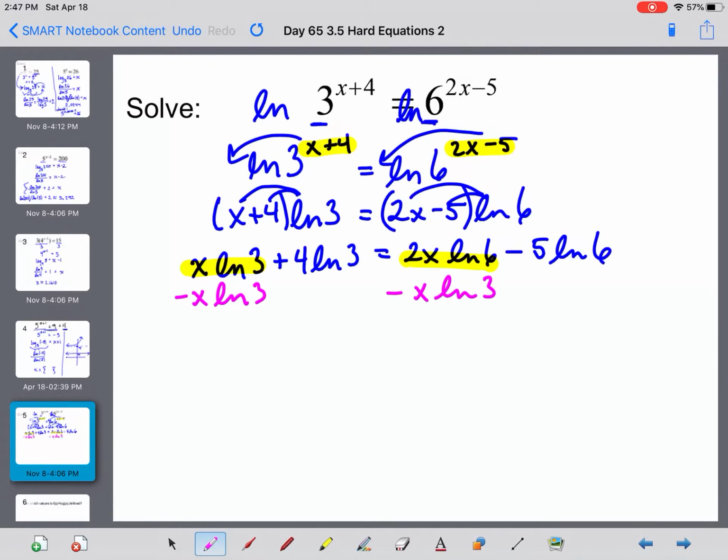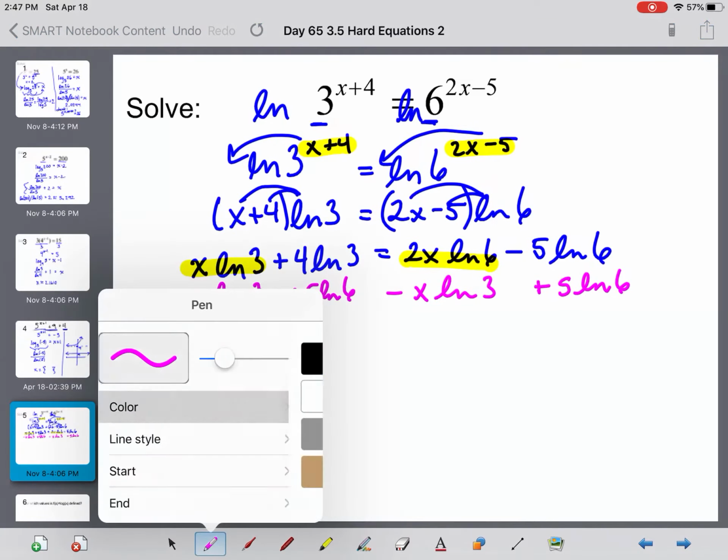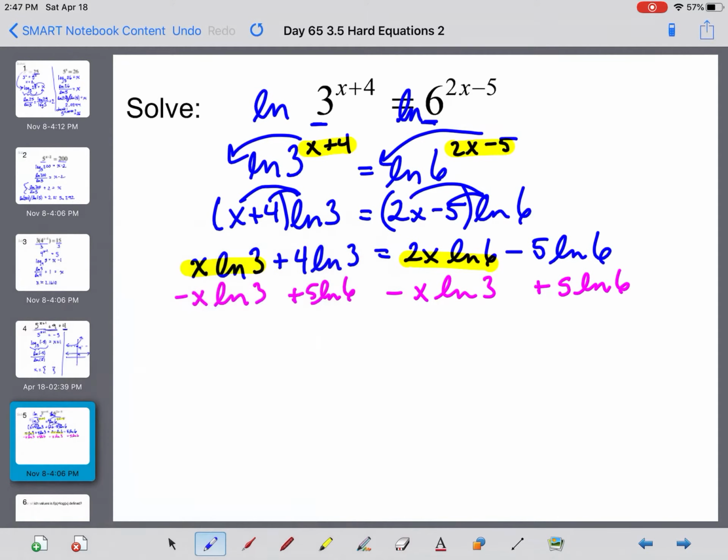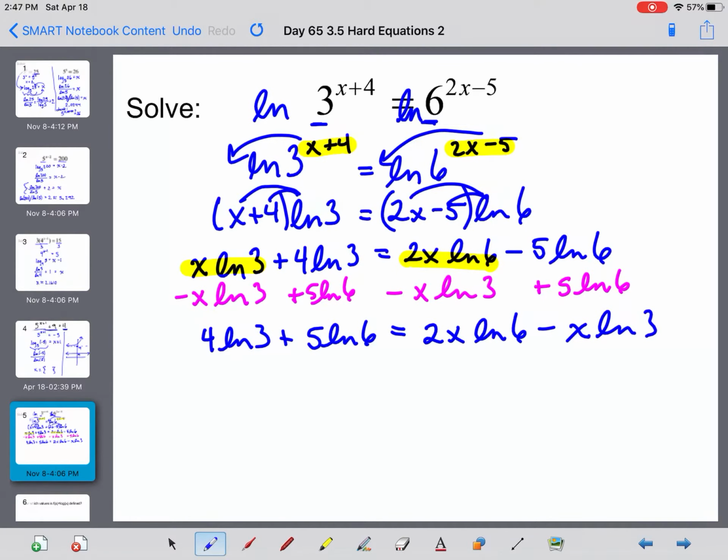And that will put my x's on the right-hand side. So then I'm going to go ahead and in the same step, add 5 natural log of 6 to both sides. That way everything that has an x is on one side, and everything that doesn't have an x is going to be on the other side.